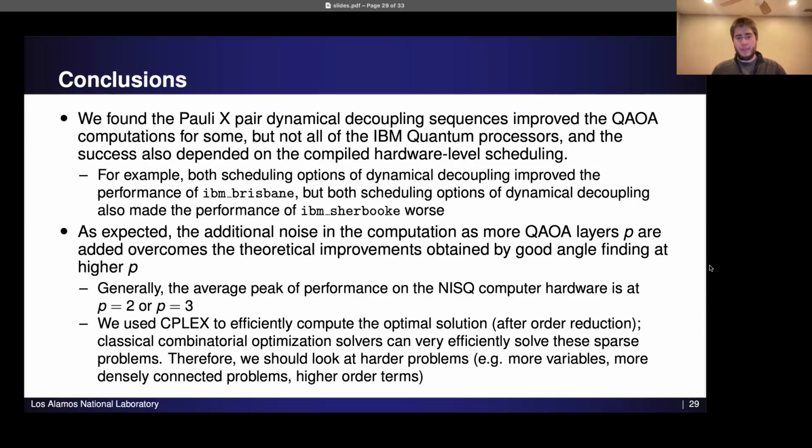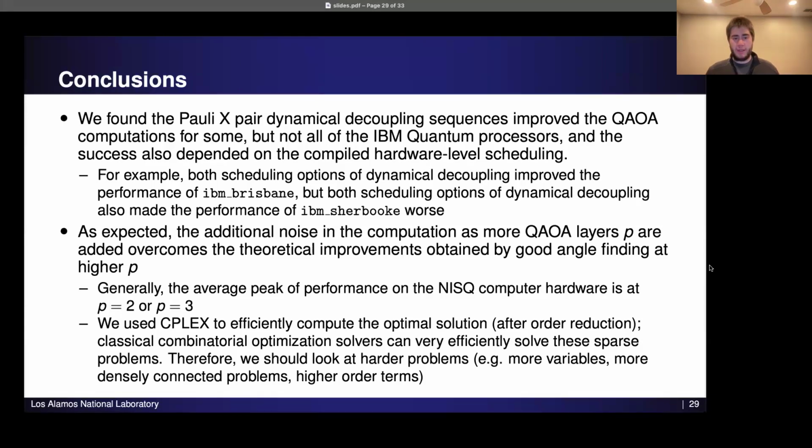And as expected, the additional noise in the computation, as we added more QAOA layers, overcame the theoretical performance of adding higher rounds with good angles. Generally, the peak of performance for the quantum computers was at about p equals 2 or 3.